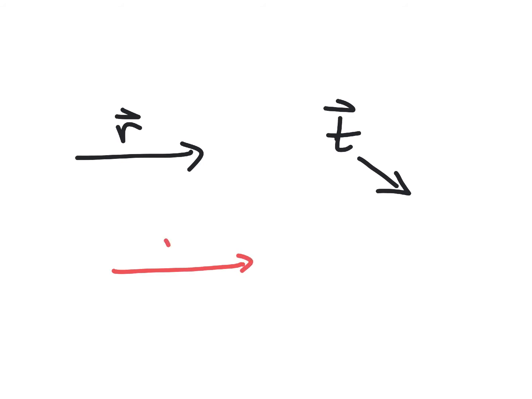So here's R, and plus T would have been like this, so you don't do that. Instead, you go the exact opposite way. It's like that, and I'll do my resultant in green again. That green one would be your answer.